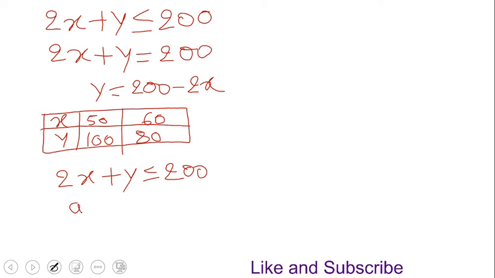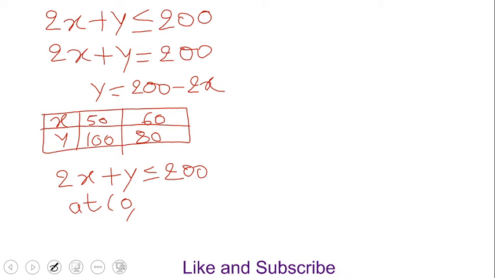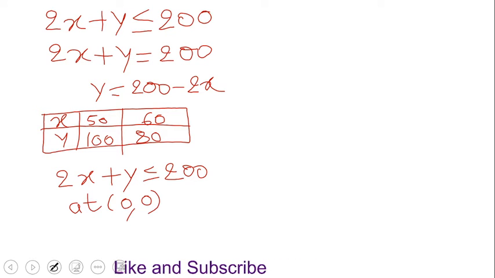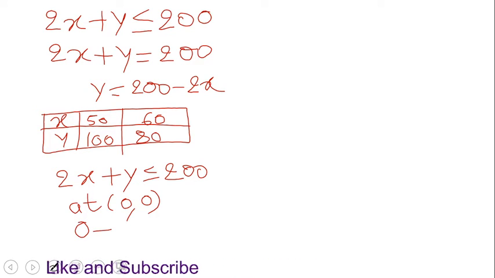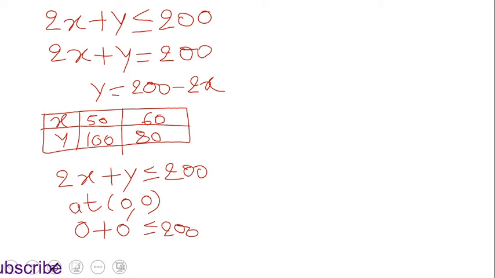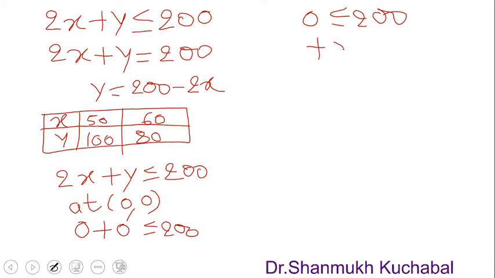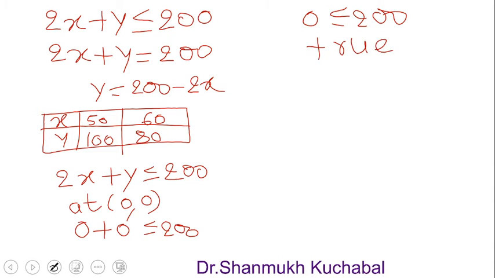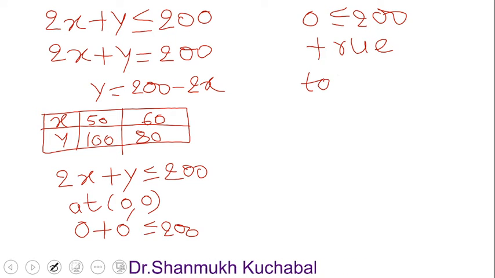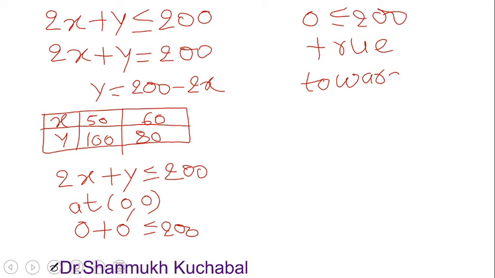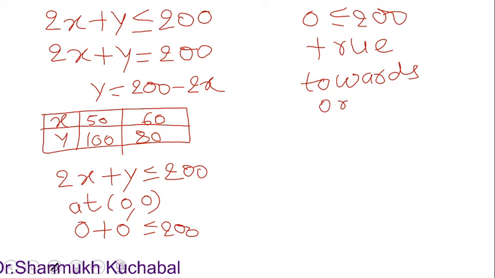At 0 comma 0, that is x equal to 0, y equal to 0, we get 0 plus 0 less than or equal to 200. So 0 is always less than 200. Therefore true it is, so we have to shade towards the origin.